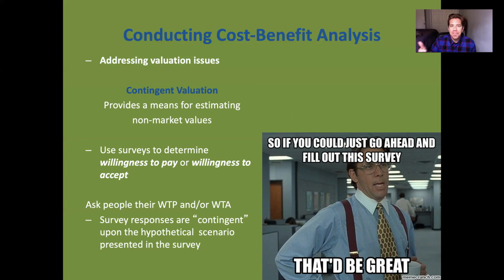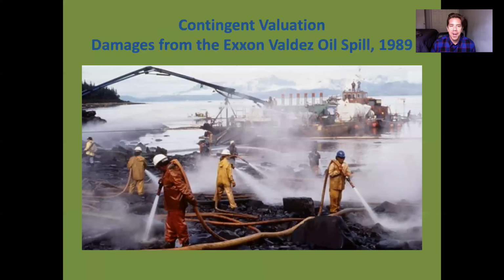You don't want to lead people with questions to inflate or deflate the value of something. And so again, it's called contingent valuation because people's responses are contingent on the questions they're being introduced to, which makes it really important that the surveys used to determine the value of something that doesn't have market value are carefully designed, right?